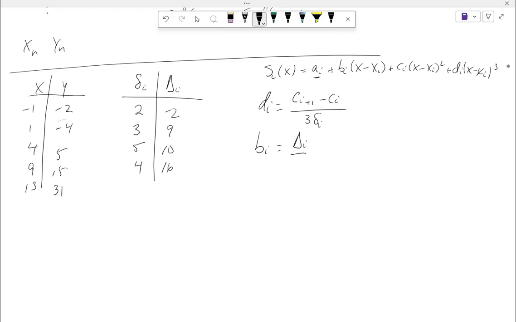It was the ratio of your deltas minus the little delta i over 3 times 2 times c sub i plus c sub i plus 1. We did all of that work before, right?